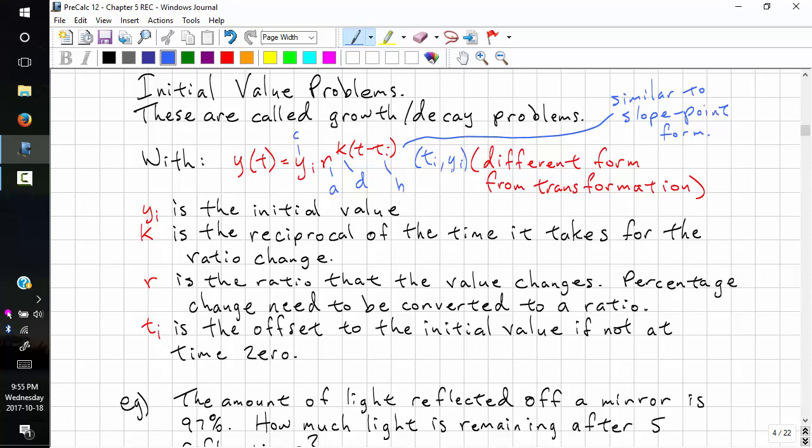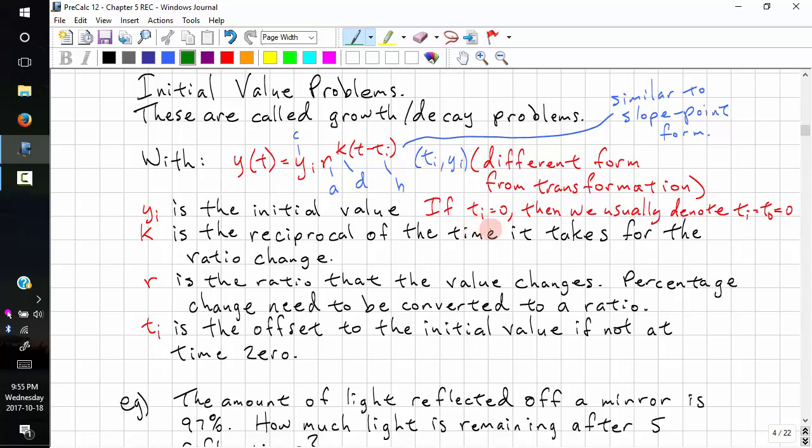So yi is the initial value. If ti equals 0, then we usually denote ti equals t0, or t naught, equals 0.